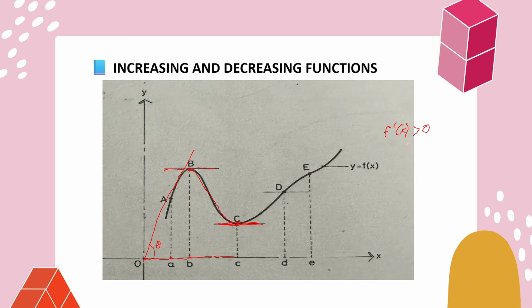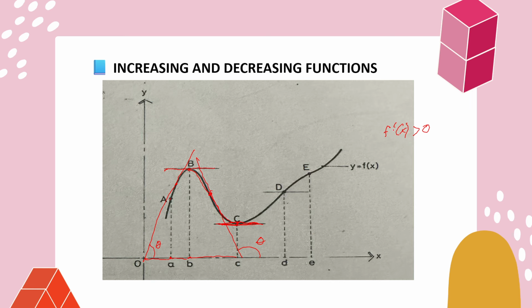But if we take another point of tangent in this graph, it creates an angle theta, the angle between two lines or curves, which is an obtuse angle.